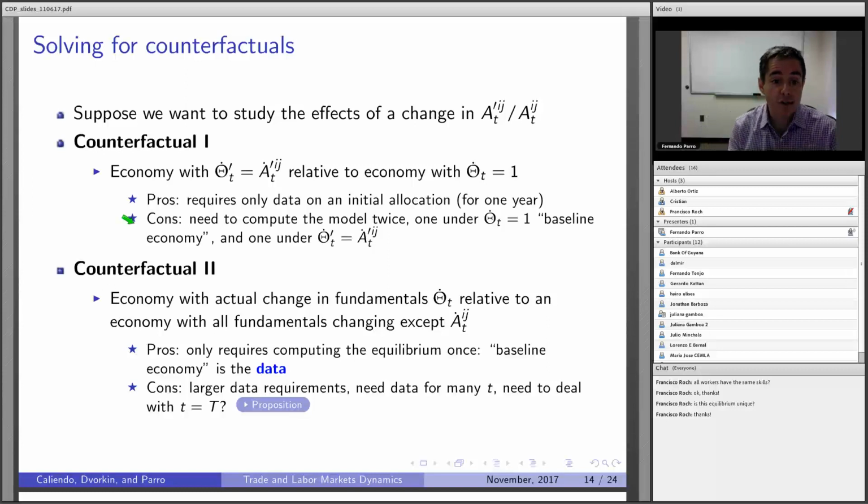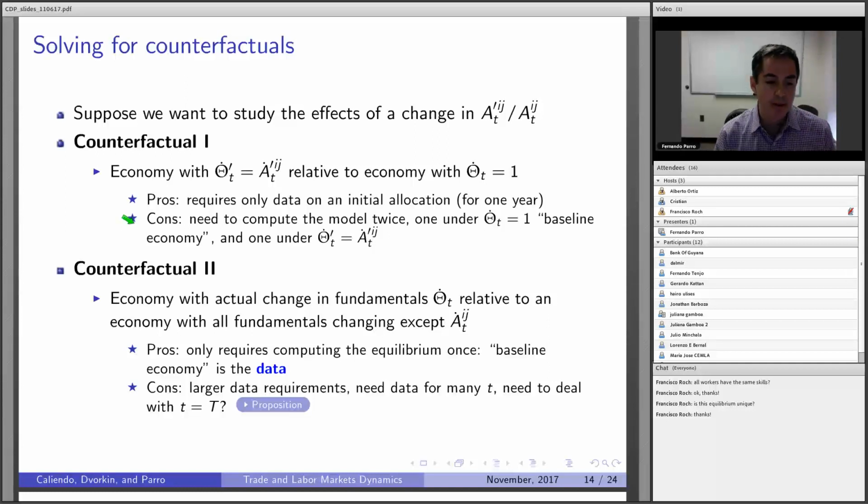Okay? And by solving one relative to the other, remember the solution method, all the fundamentals that are constant are going to differentiate out, and therefore the only unobservable fundamental that I need to estimate is the one that I am interested in. So the changes in productivity in the manufacturing sectors in China.